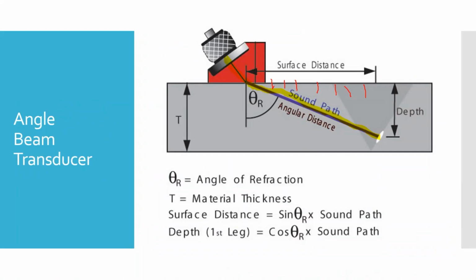And what I mean by first leg is, if we were to move this probe over, say we had our probe sitting here, the sound is going to take that refracted angle and it's going to hit the back wall. That's our first leg.